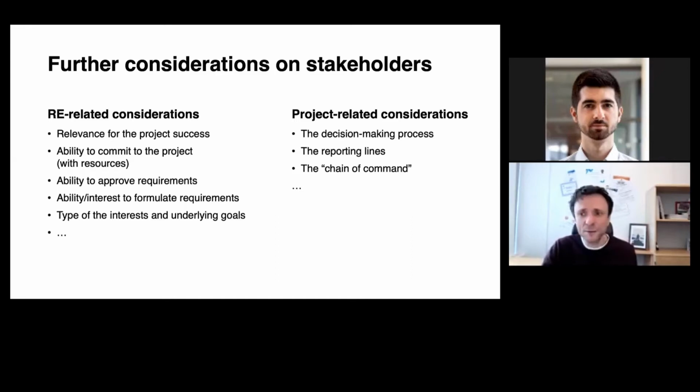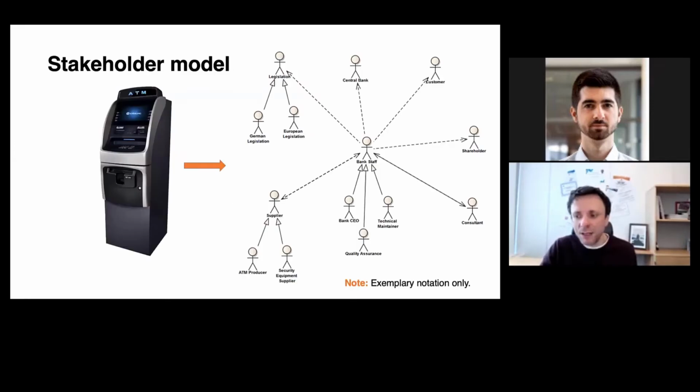Now let's move on from stakeholders to stakeholder models. A stakeholder model is the representation of all relevant stakeholders, not all stakeholders, all relevant stakeholders, and their relationships. What you can see here is just an example for the ATM, where we borrow from the UML notation to offer different associations, directed associations, but also generalization or inheritance that allows us to group the stakeholders according to different viewpoints.